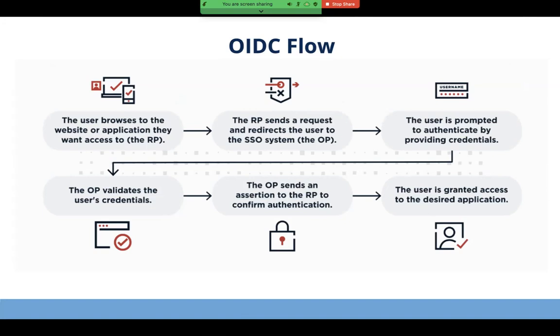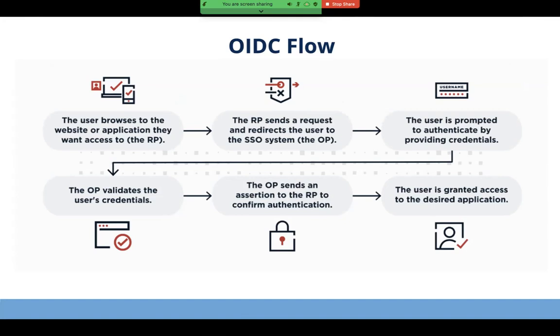We wanted to provide a little bit of context for the remaining slides. So we're presenting here an OIDC flow. It's not the only flow, just a sample flow. The user, in this case, will browse to an application or website. The RP, in this case the relying party, sends a request and redirects the user to SSO. And that's going to be the authorization provider. Okay?